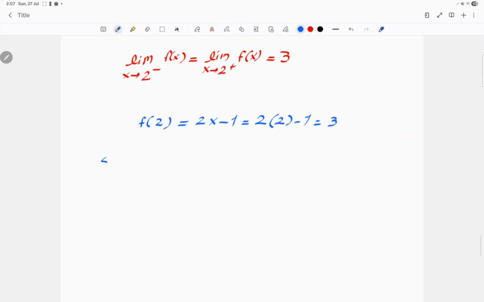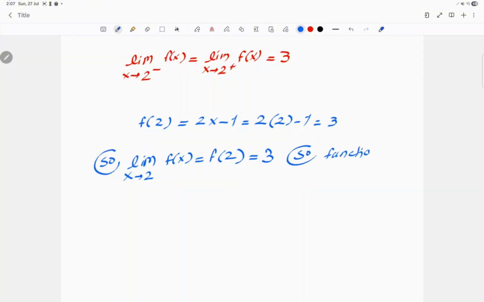So the limit as x approaches 2 is equal to the function at 2, which equals 3. So the function is continuous. Okay?